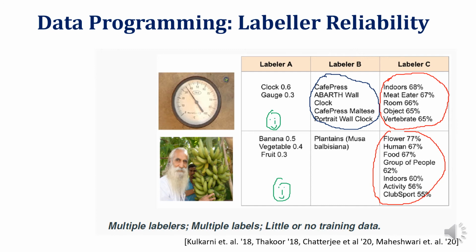Labeler B is probably not very well equipped with this first domain, which is of clocks and gauges. Labeler A on the other hand seems to have reasonable reliability. It seems to be kind of determining the majority score in many ways.